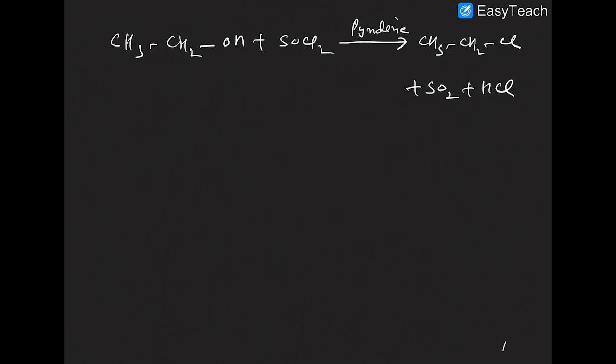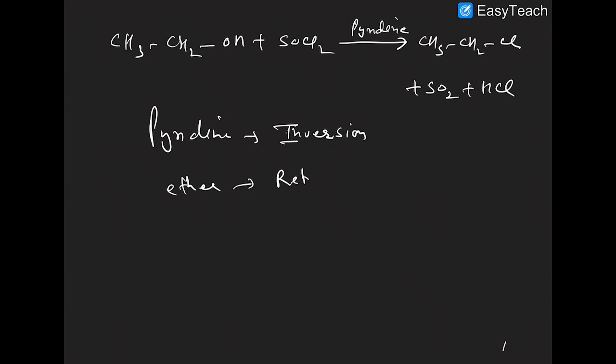In case of pyridine, inversion of configuration happens, and in case of ether, retention of configuration happens. So remember that, I am repeating once more. In case of pyridine, inversion of configuration happens, and if ether is used as a solvent, then you have retention of the configuration.